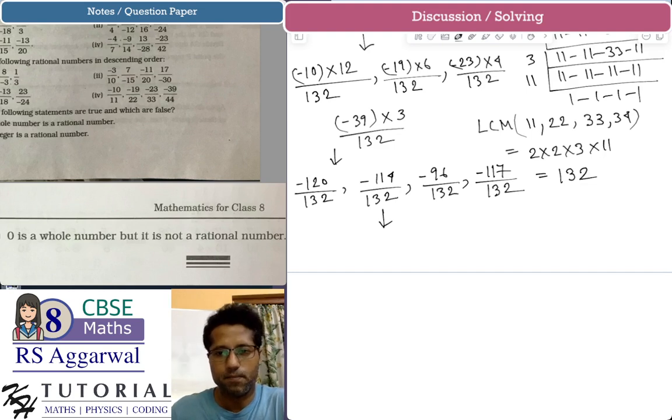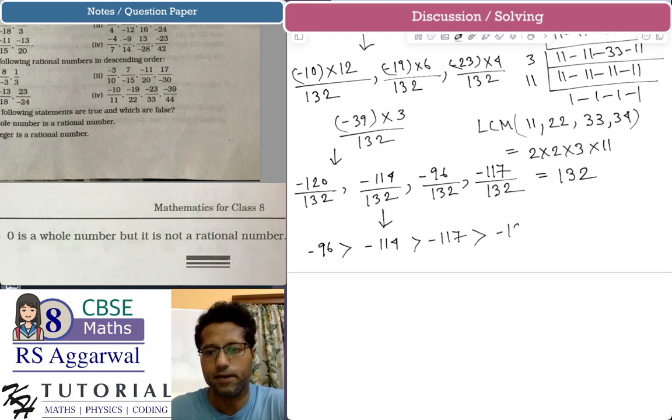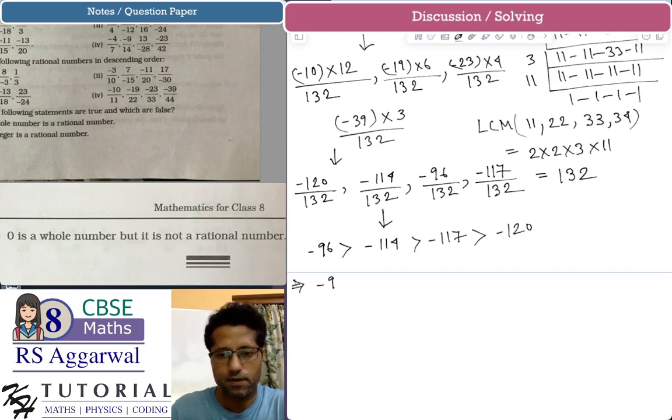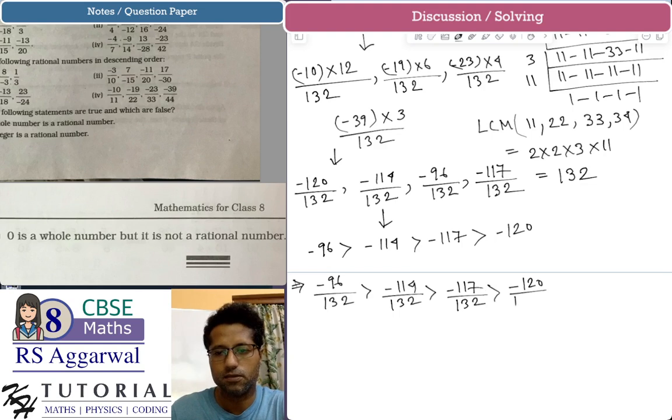So it will be minus 96 is greater than minus 114 is greater than minus 117 is greater than minus 120. So this implies minus 96 by 132 will be greater than minus 114 by 132 will be greater than minus 117 by 132 will be greater than minus 120 by 132.